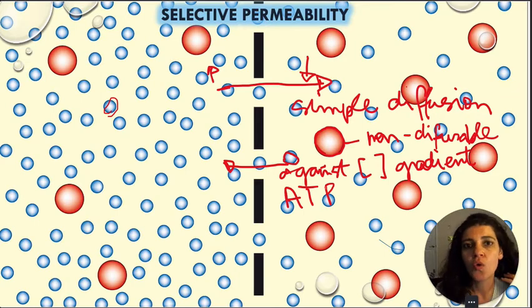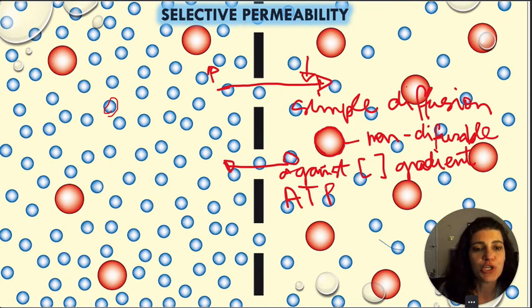Okay? One example of this is the sodium-potassium pump. It's an ATPase pump. Means what? It needs ATP to be broken so sodium can move out and potassium can move in. Okay? Because there's always more sodium out of the cell. So we're going to learn this in the lecture, right? I'm just saying here, and you're going to listen to this in a lot more detail in your lecture.